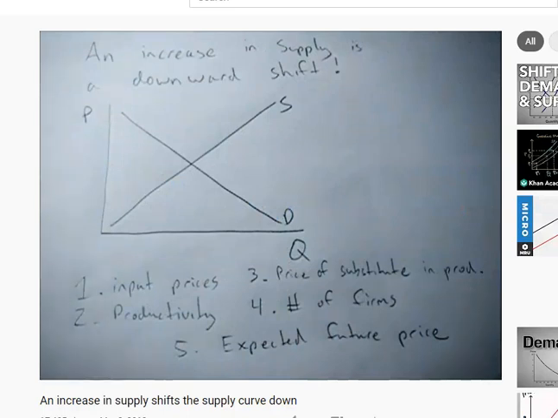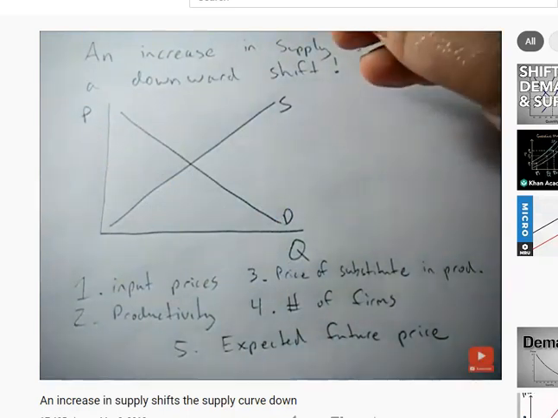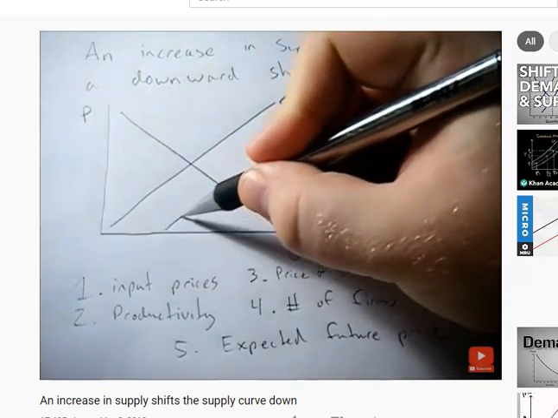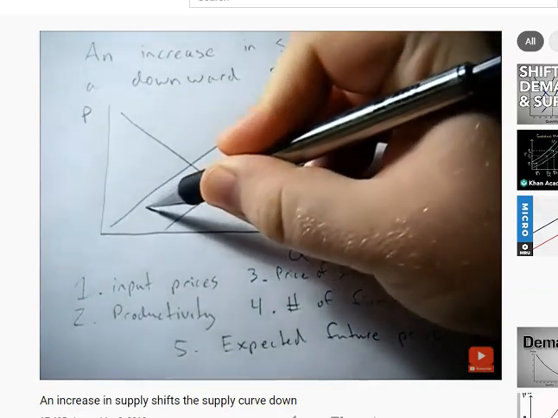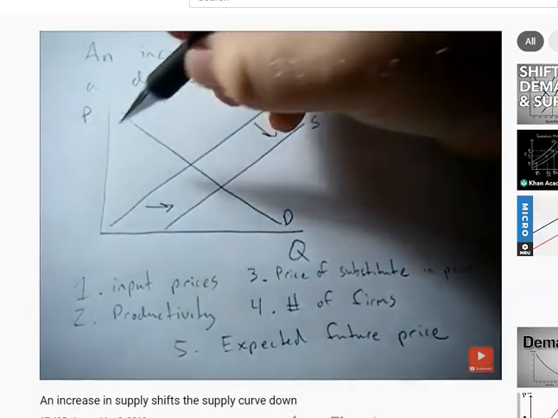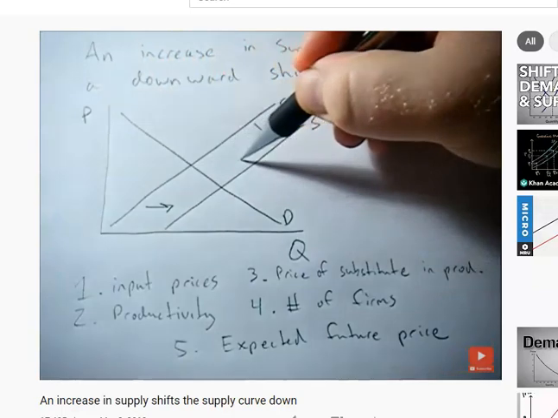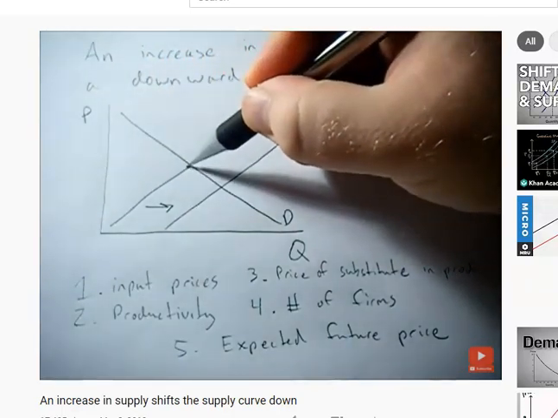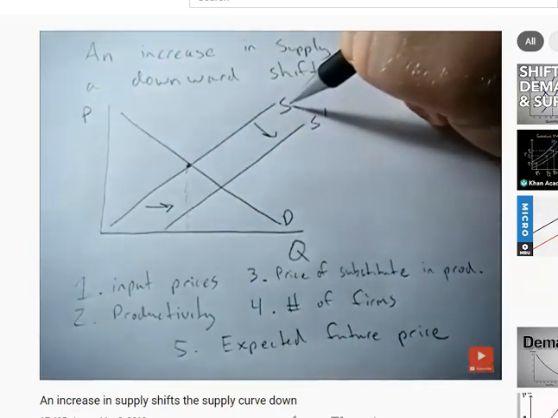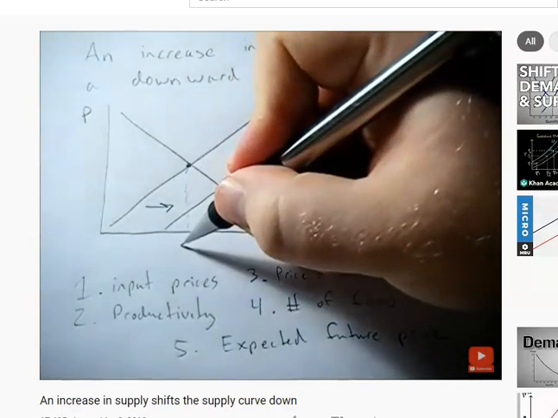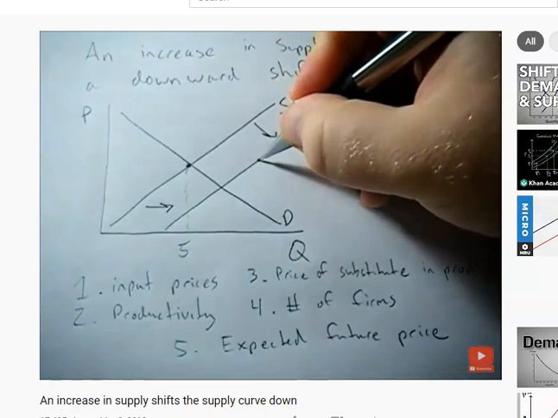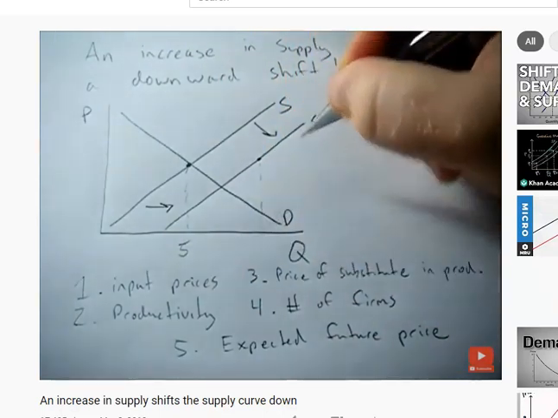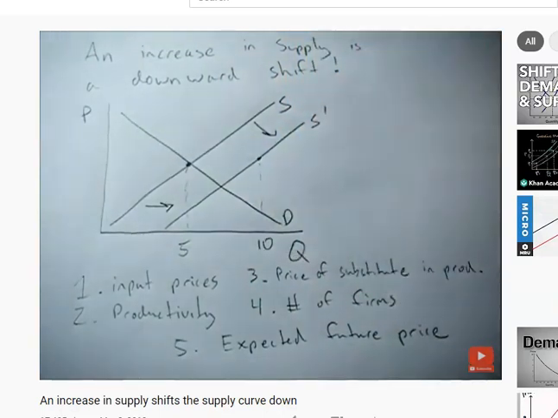Short video showing how we demonstrate an increase in supply on our supply and demand graph. An increase in supply is a downward shift or a rightward shift. And so think of holding price constant. The quantity supplied on this supply curve would be, say, 5. But at the same price, the quantity supplied after an increase in supply would be 10.